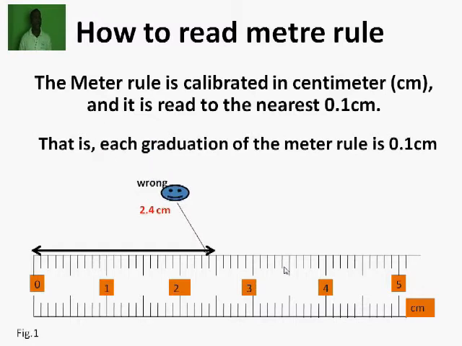The first person reads the length, but employed error due to parallax, and has a value of 2.4 cm. The second person, reading from the right, also employed error due to parallax, and has a value of 2.6 cm. Then the right person, who did the correct thing, read it and has a value of 2.5 cm.